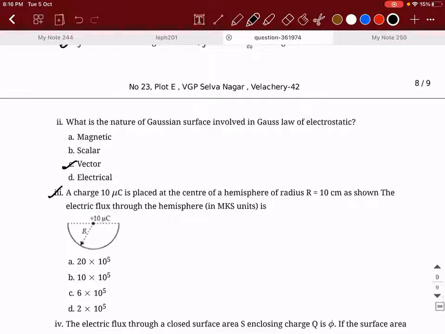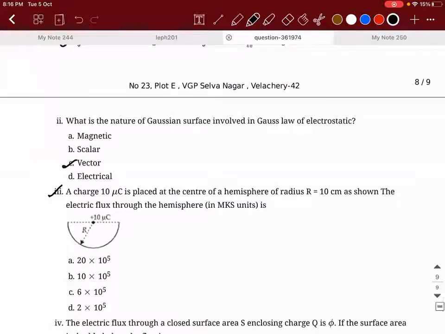Third, a charge of 10 microcoulomb is placed at the center of a hemisphere of radius 10 centimeter as shown. The electric flux through the hemisphere in MKS units is, MKS here, it can be SI also. Had it been a full sphere, what would have been the electric flux? It would have been 10 divided by epsilon naught, correct?